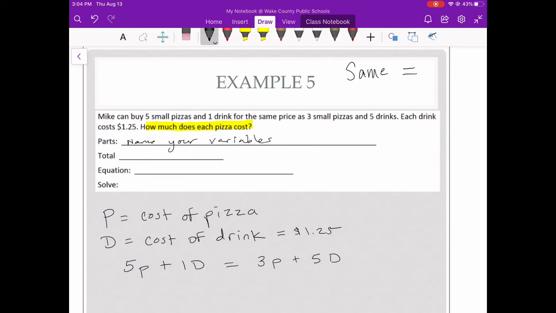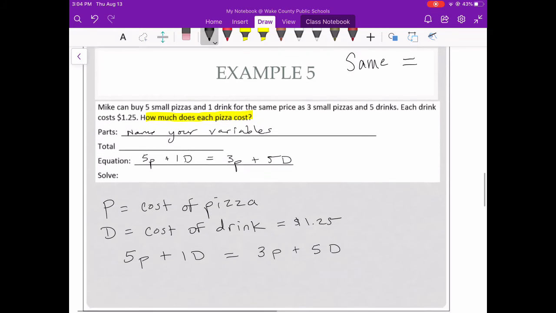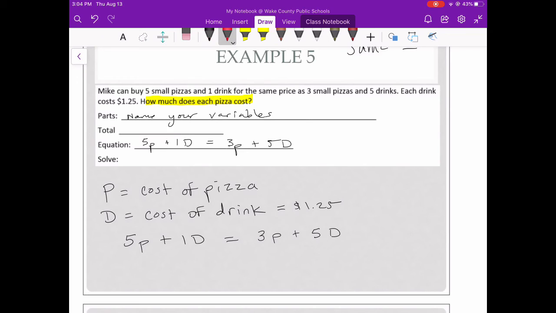Your total cost, that's what we're looking for in the pizza, not necessarily the total cost of each because we won't really know that. But our equation was the 5 pizzas plus the 1 drink is supposed to be the same as 3 pizzas and 5 drinks. Okay, so we don't really have a total here since we're setting these two statements equal to each other, but because it is an equation, we can solve it. So we're going to go ahead and try to solve that right now.